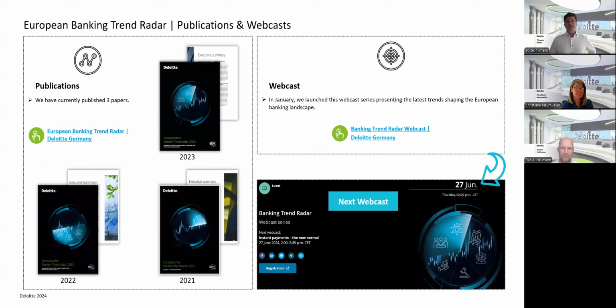This Trend Radar has a large database below where you can look for trends, and sometimes trends are not single trends we have to look for. Sometimes it is a combination of trends that makes it much stronger. So we started in 2020 and then we prepared our first European banking Trend Radar.